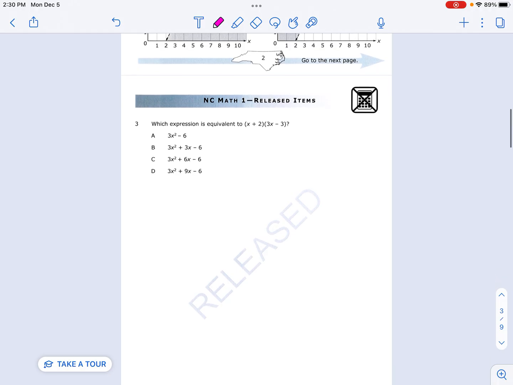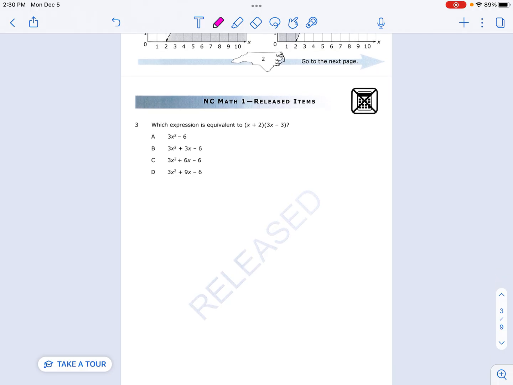Okay, question 3, which expression is equivalent? So you have two binomials. So you either use the distributive property, or if you like the box method, you can use the box. So we put x and 2, 3x and -3.